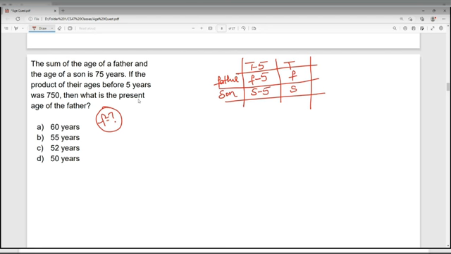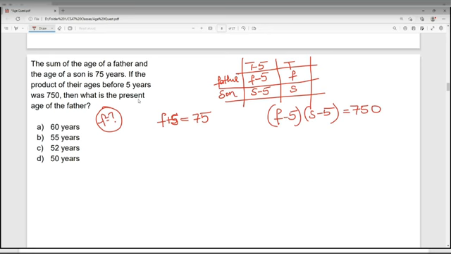And according to the given statement, the sum of the ages of the father and the son is 75 today. So f plus s is equal to 75. And if the product of their ages before 5 years was 750, so f minus 5 into s minus 5 is equal to 750.